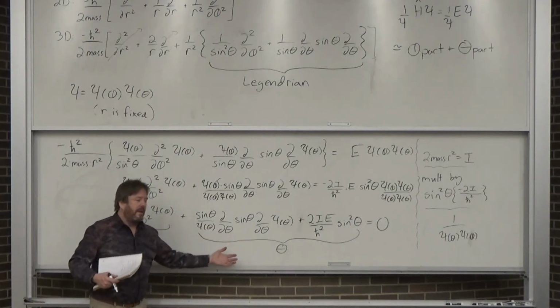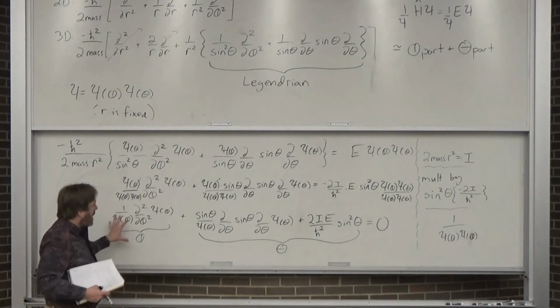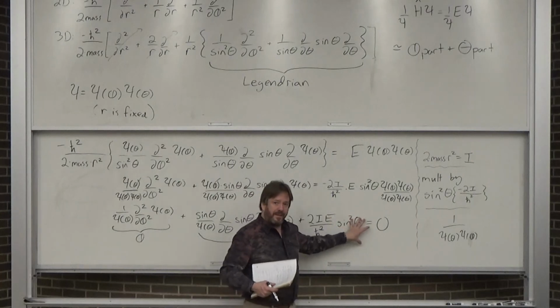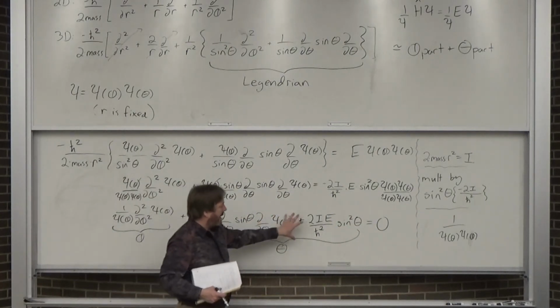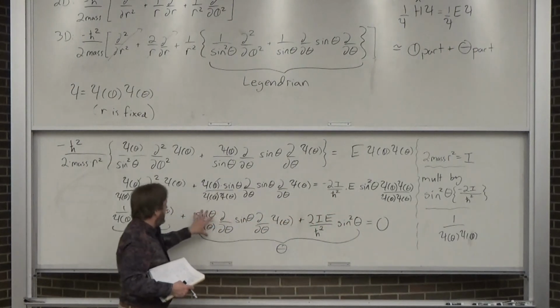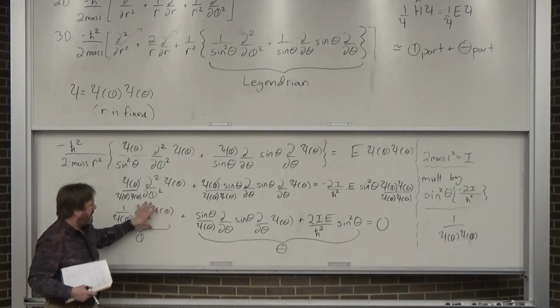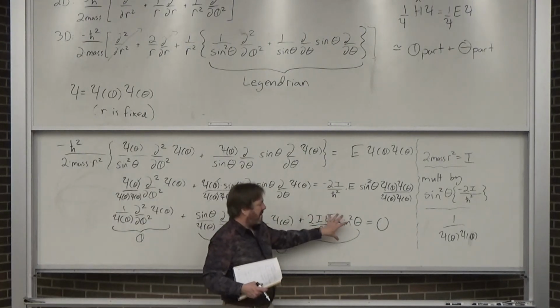Now, hopefully you can also see more about separability and why each one of these is actually a constant. Because if this isn't a constant, say it's a sine function plus a sine function, then this has to be minus the same function.